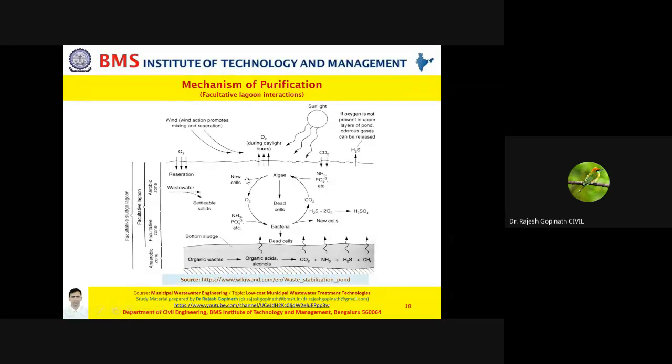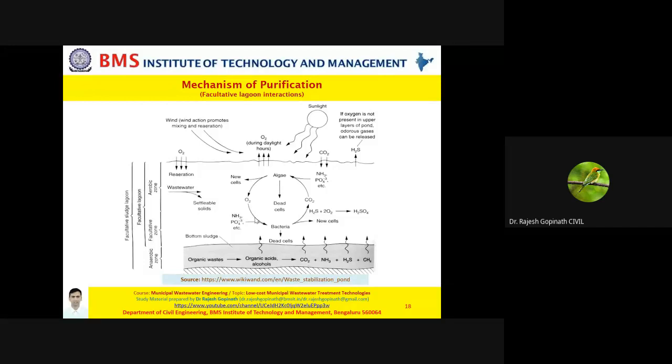So what is happening in the wastewater? In the top zone, there are aerobic bacteria. In the middle zone, there are facultative bacteria, and in the bottom zone, there are anaerobic bacteria. Now we need to understand that this is a symbiosis which is occurring. You have algae and you have microorganisms.